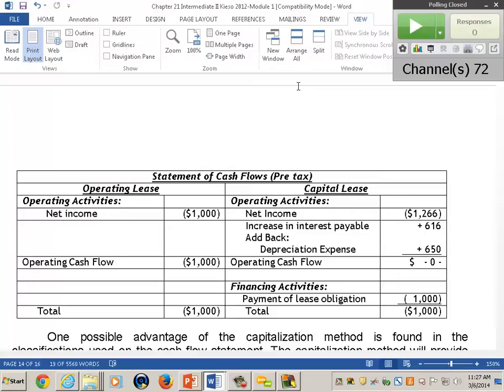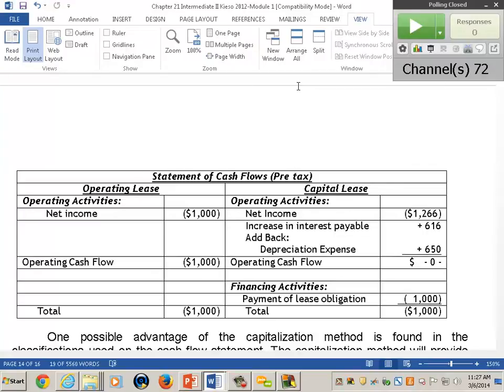And of course the payments are classified as financing outflows. Okay. So to summarize, if you look at capital versus operating leases, and I know we went through lots of definitions, the broad takeaway is that capital versus operating is what makes this controversial.